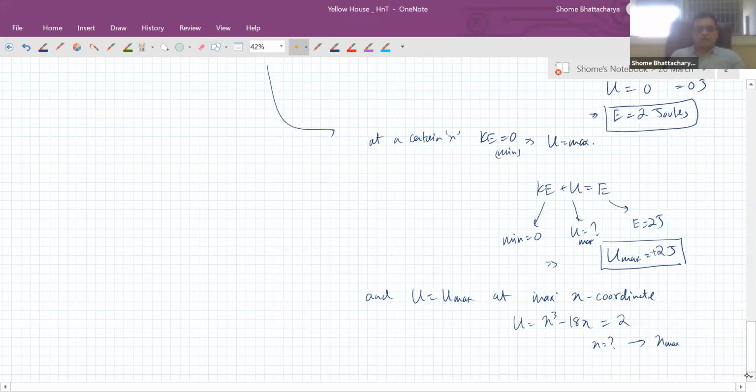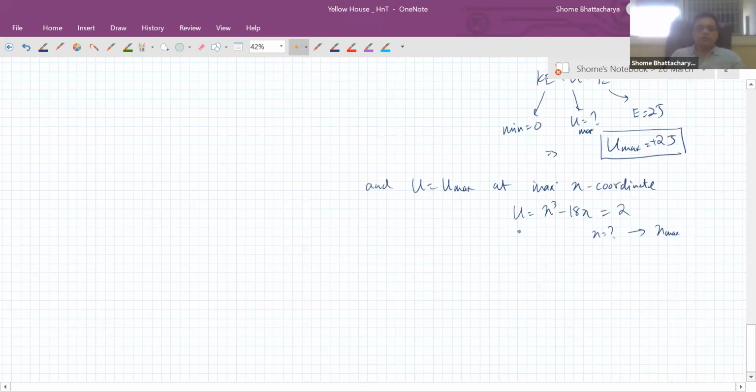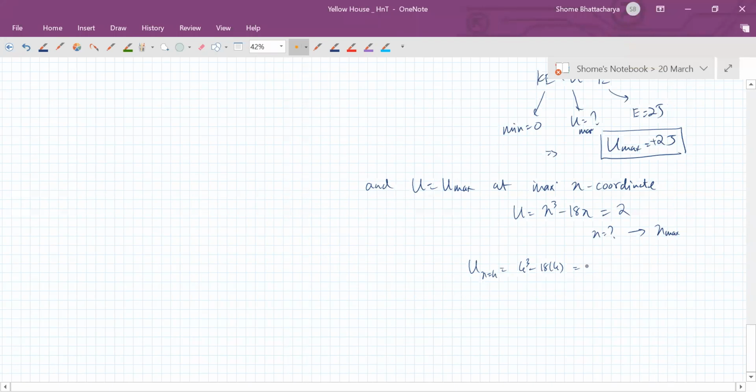Now that is not easy to estimate because it's a cubic function. But you can see, for example, the potential energy's value at x equal to 4 is how much? Still a negative quantity only.